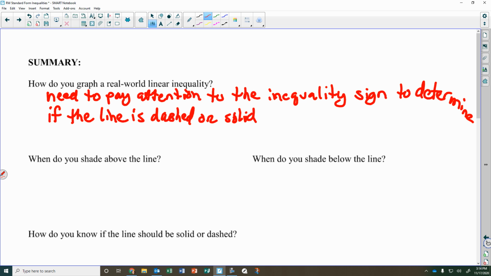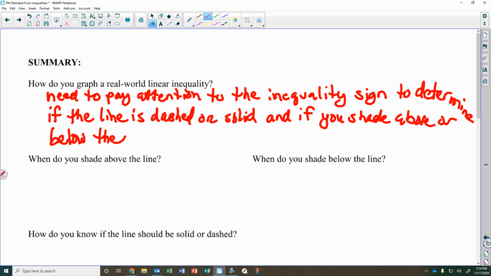Remember, that's the equal to or not equal to. And if you shade above or below the line.